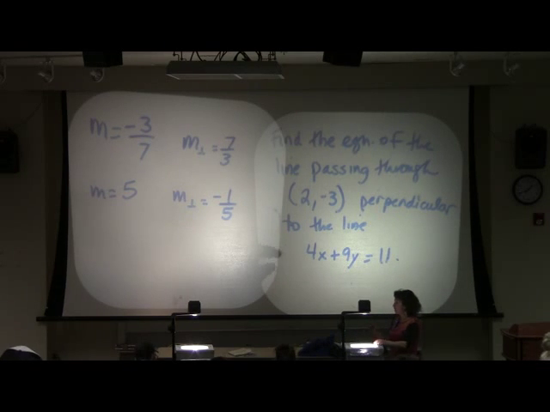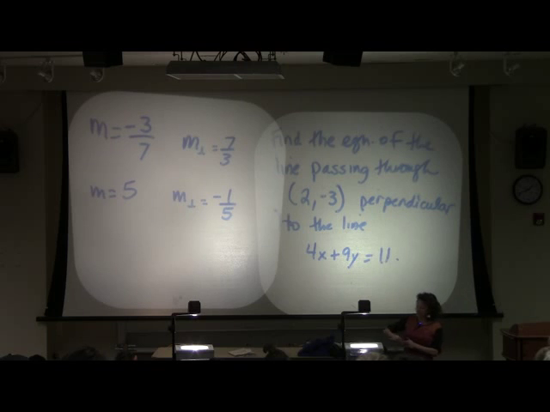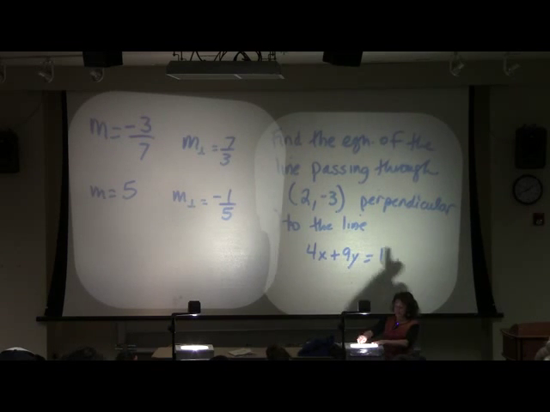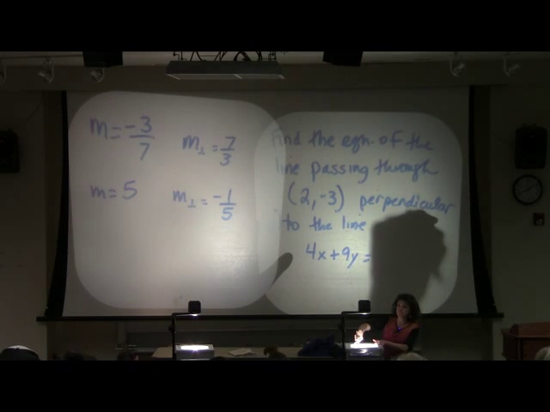So, in order to find the equation of a line, we need a point and a slope. We most certainly have a point. Now, we're not directly given a slope. However, will you guys grant me that if I figure out what the slope of this line is, I can then find the slope of the line I'm looking for?